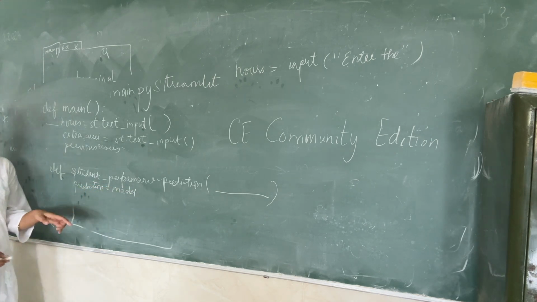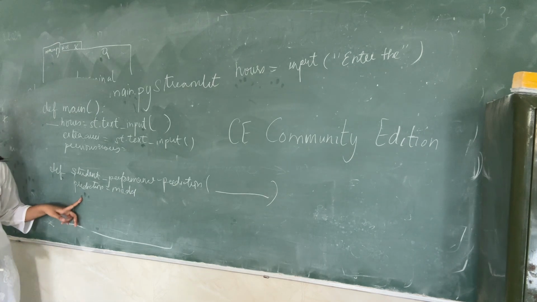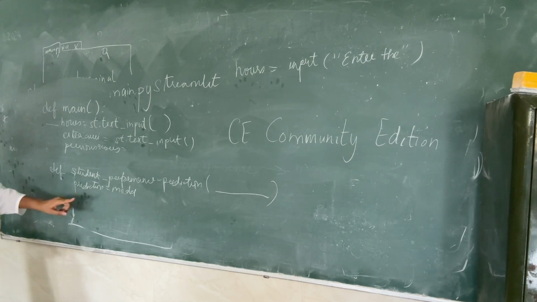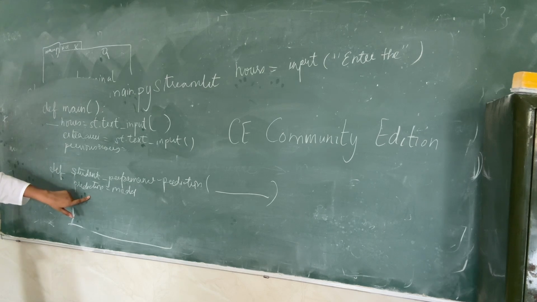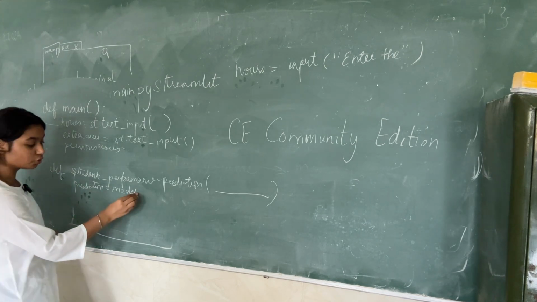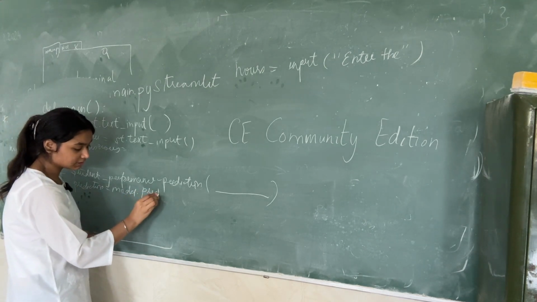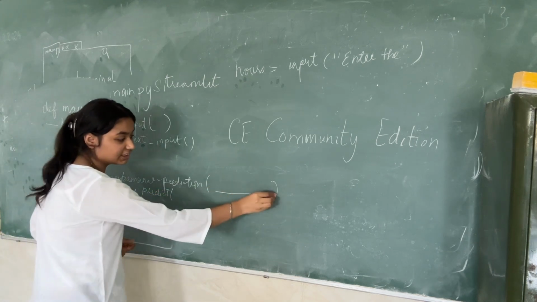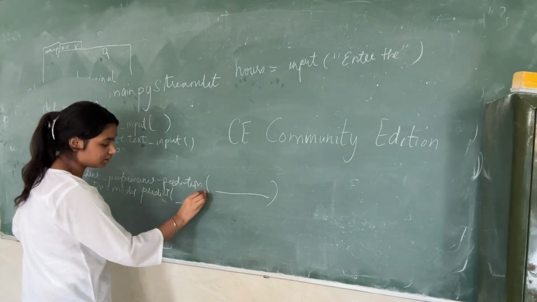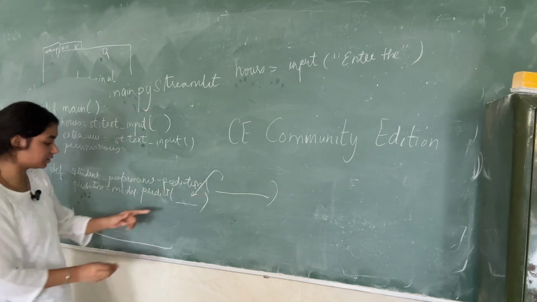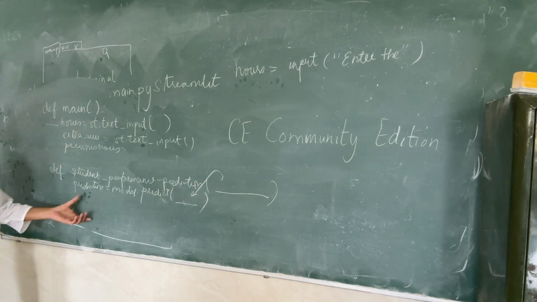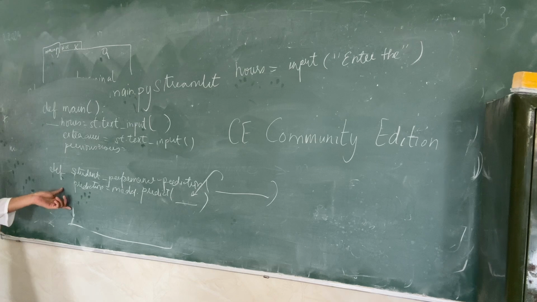I think this is what I missed: I didn't store the value in a variable, that's why we weren't getting an error or an output. Inside prediction I'll store the model's prediction based on whatever these values are, just copy them here. Then the model will predict, we'll get a prediction, and this prediction we will use over here.